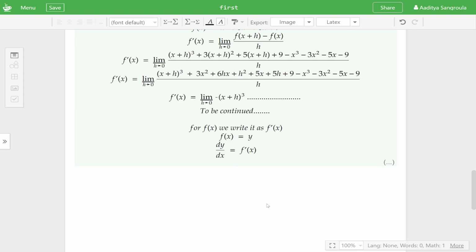Now I'll show you something very important. We have a lot of rules and formulas for differentiating a function. For now, we will be looking at the formulas for differentiation.